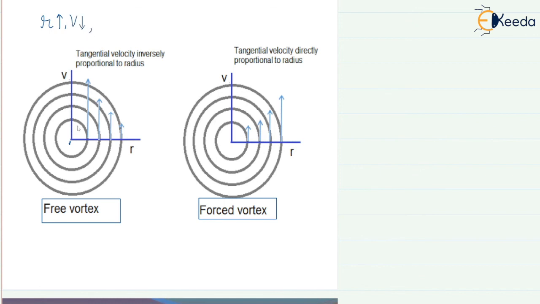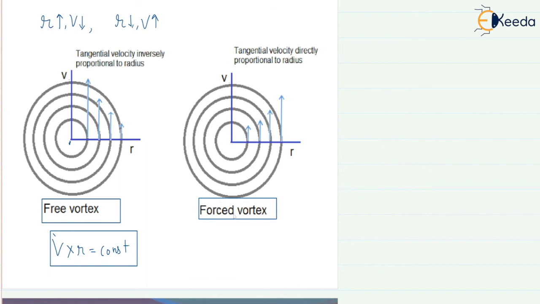If you are coming nearer to the center, your radius is small but your velocity is large. That means the flow adjusts in such a way that the product of V into R remains constant in case of free vortex flow.